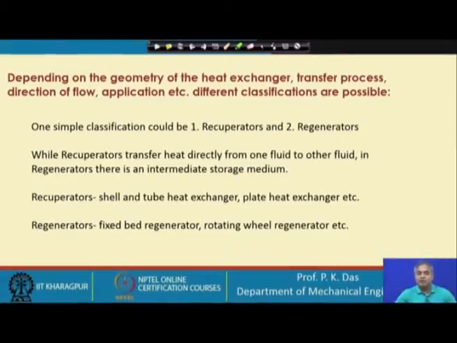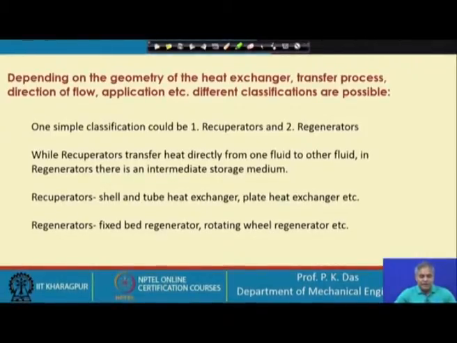There could be a separating solid wall between these two fluids, but there will be direct transfer of thermal energy from one fluid to another, and this is called a recuperator. Most of the heat exchangers we see around us, most of the heat exchangers used in industry, are of this class. Examples are shell and tube heat exchanger, plate heat exchanger, fin tube heat exchangers and many others.